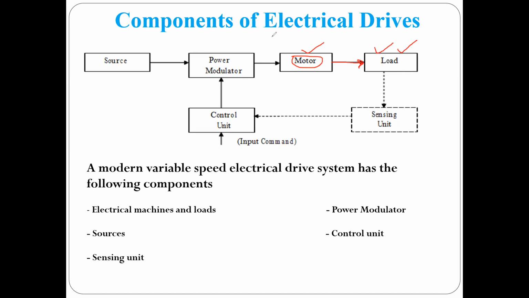These are the general methods we have, but there are some drawbacks in them. For example, in the armature resistance control method, we insert a resistance in series with the circuit and waste energy in the form of heat.